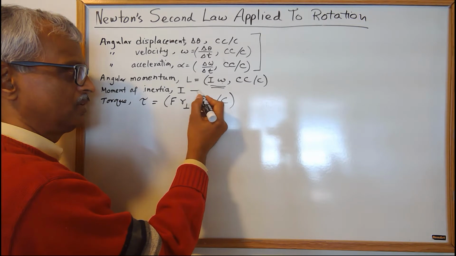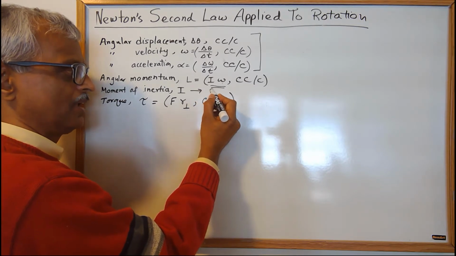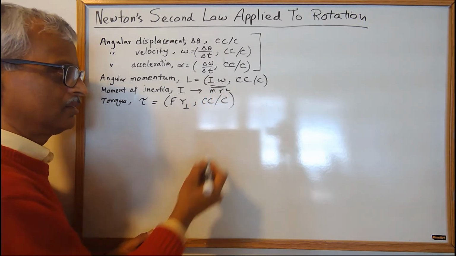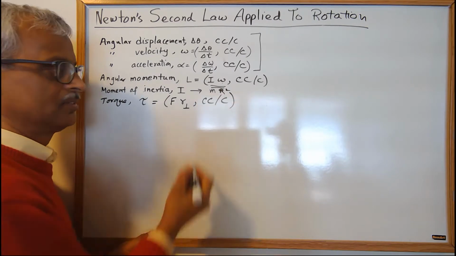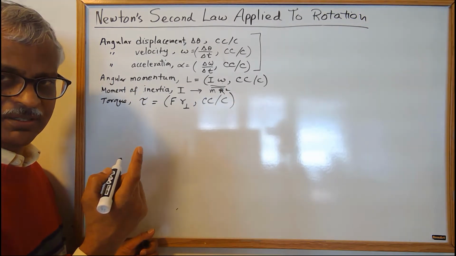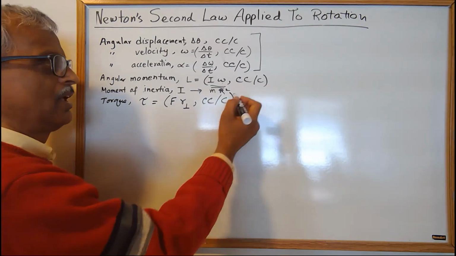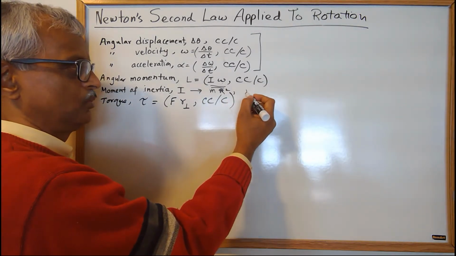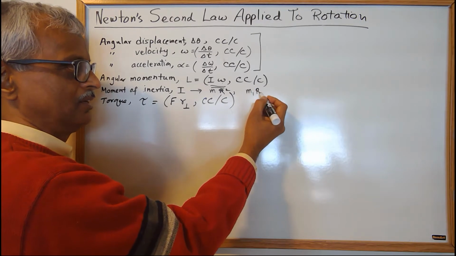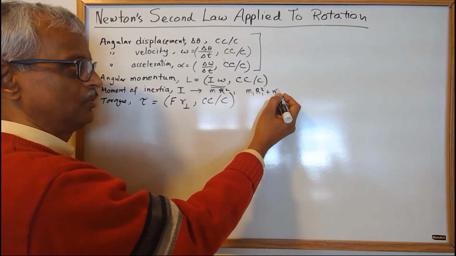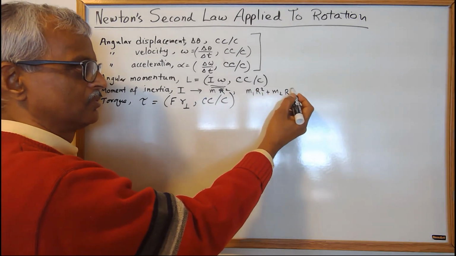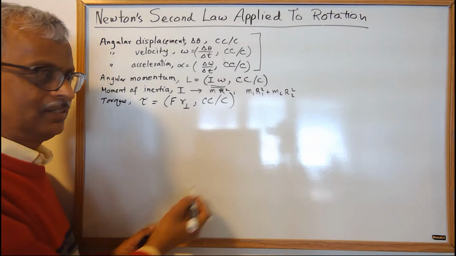And so the formulas look like mR squared, I was using capital R, mR squared if you have a single particle going in a circle of radius R. If you had two particles and each one was going in its own radius, it will be like that.